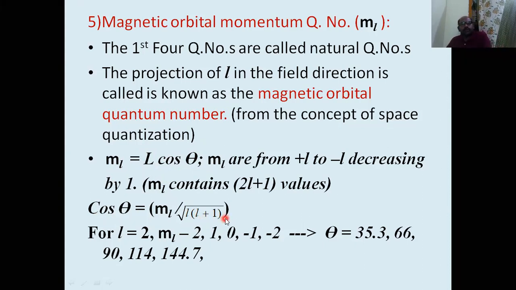If we know the L value, we know the ML values, and from that we get different values for theta. Let us see one example.